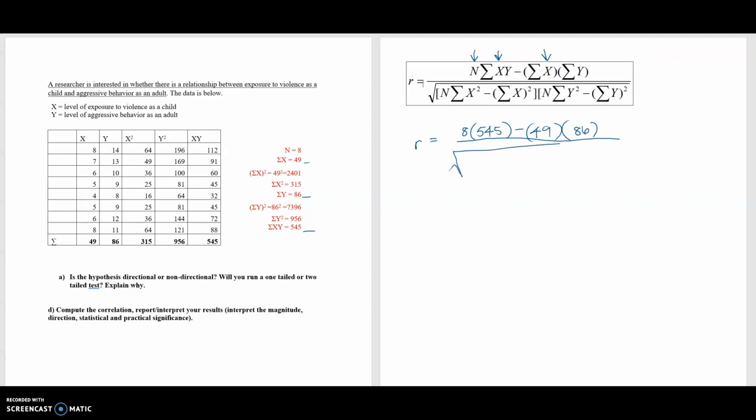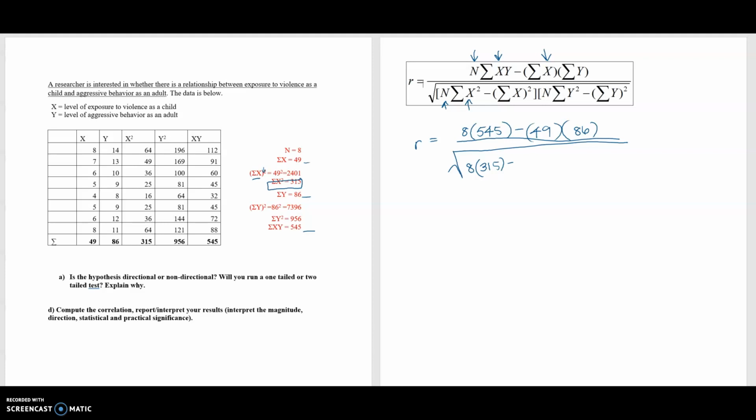We're ready for our denominator, just filling it in. N, again, was 8. The sum of our squared x's. Now this is where you square it first, then add it up. And that one is here. So that's 315 minus the one in which we added up and then squared it.